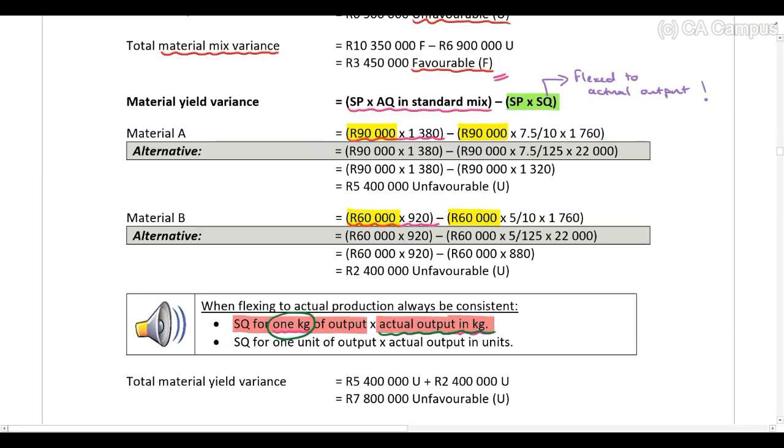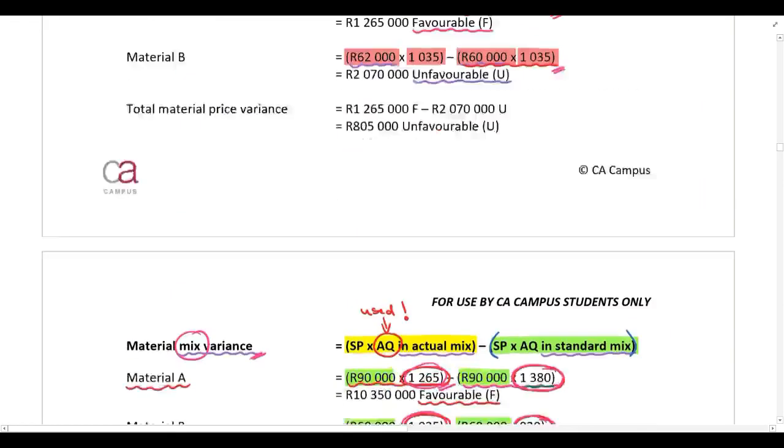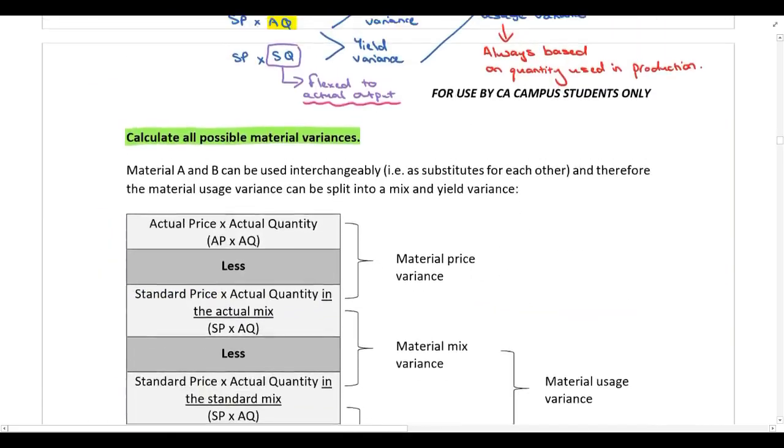Now, as an alternative, what you could have done is taken the standard quantity for 1 unit of output and multiplied that by actual output in units. And you are multiplying by actual output in units because you are working with the standard quantity for 1 unit of output. So go back to the information provided in the question.